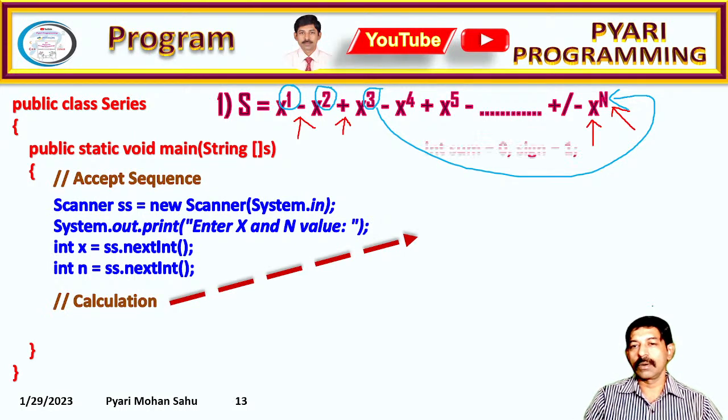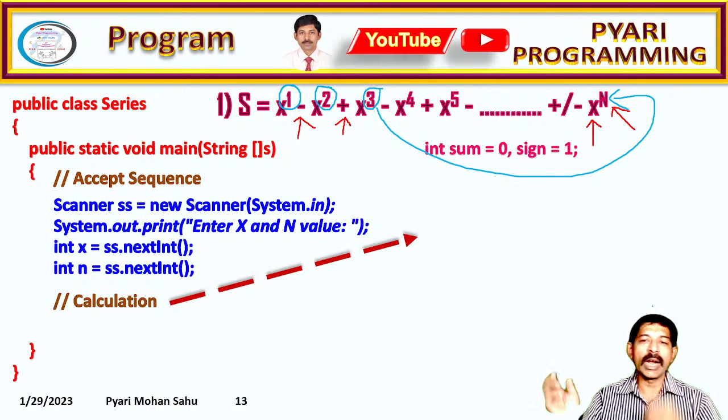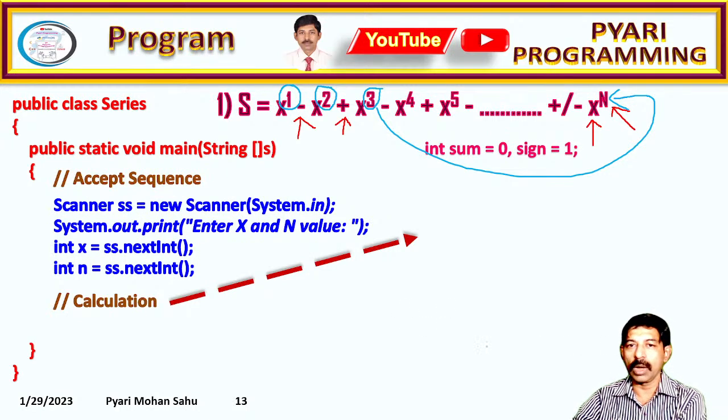Okay. So before that, prerequisite information is required, that is sum is equal to 0, because I need to calculate the sum. So that's why I have to take a sum over here. Got it? Now we have to take the sign as plus 1 this time. Priyambada Sahu said minus 1. So you have to look for all these things. Why is it plus 1?